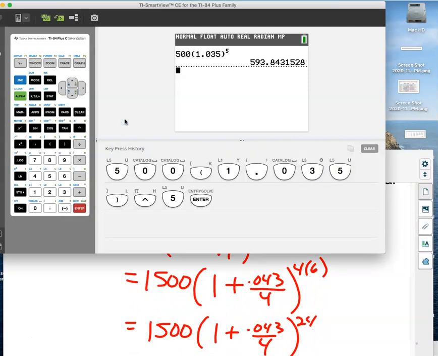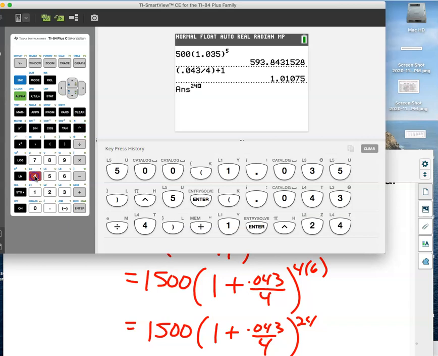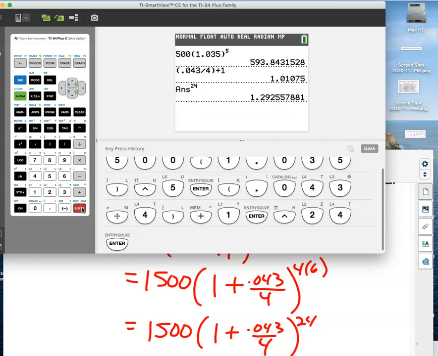So again, I start with parentheses, 0.043 divided by 4. Then I'm going to add 1 and get the answer. Now I'm going to raise that to the 24th power and finally multiply that by 1,500. Oh, I didn't hit answer.